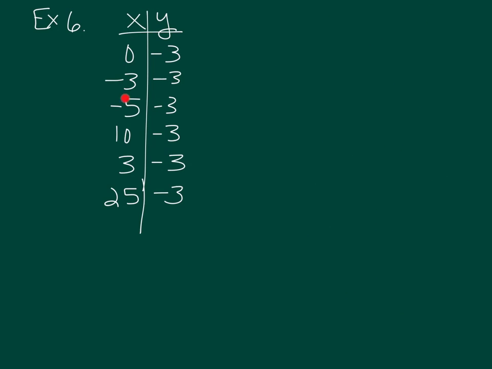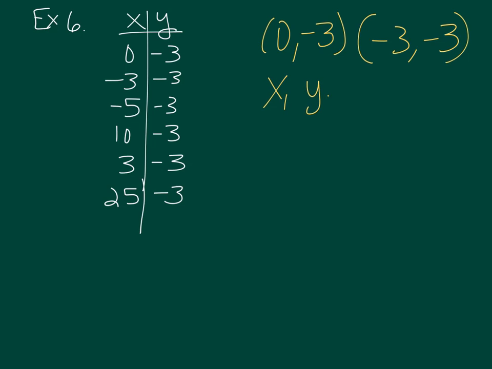Okay, just like the x column being the same should trigger something, the y column being the same should trigger the exact opposite. All right, but we'll show it out in the math. So I'm going to pick 0, -3, and I can just pick -3, -3. And so this is my x1, y1. This is my x2, y2.